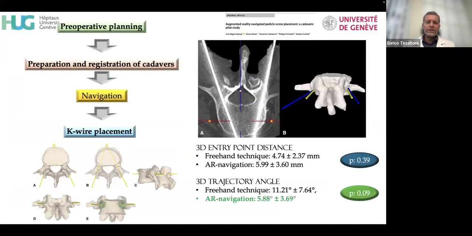And here the results, they of course did an acquisition with cone beam CT, with the planning, and they used the navigation to insert K-wire, either with freehand or assisted by augmented reality. And the augmented reality in this series improved the trajectory angle significantly. In contrast, the choice of the entry point wasn't different between freehand and augmented reality navigation system.